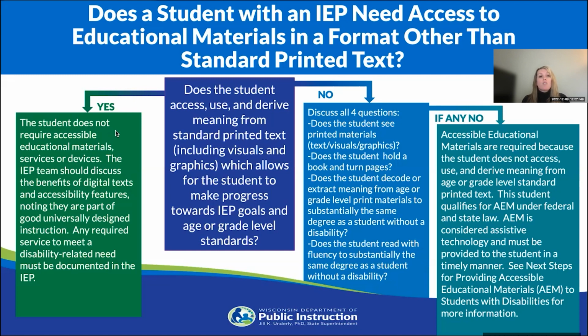The IEP team should discuss the benefits of digital text and accessibility features, noting that they are part of good universally designed instruction. Remember, any required service to meet a disability-related need must be documented in the IEP. So this is the decision-making tree around AIM to help IEP teams answer the revised prompt.